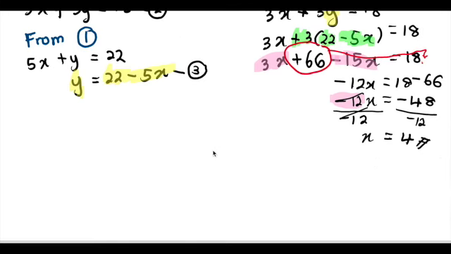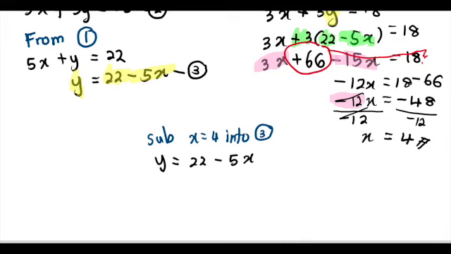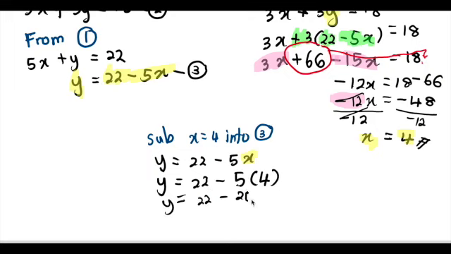So substitute x equals 4 into equation 3. We are going to change x in equation 3 into 4. So 22 minus 5 bracket 4. So 22 minus 20 equals 2.